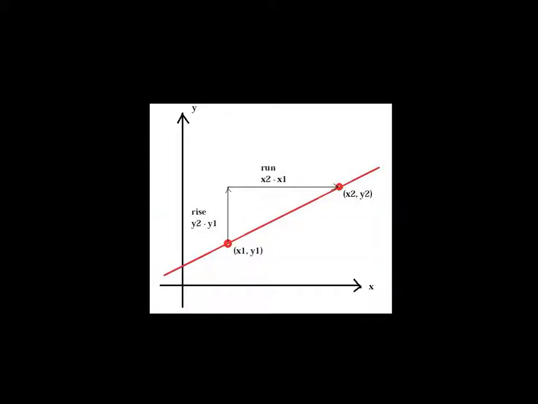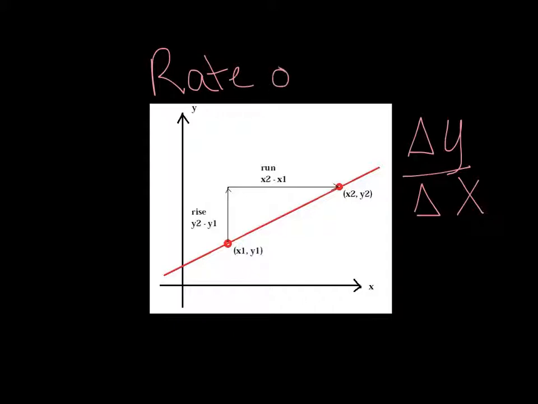Okay, so let's talk a little bit about slope. So what slope is your rise over your run. The reason that we use rise over run is because slope is the change in y over the change in x. It is also called, a lot of the times, the rate of change.